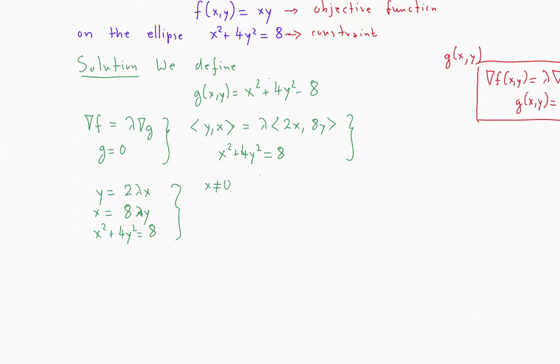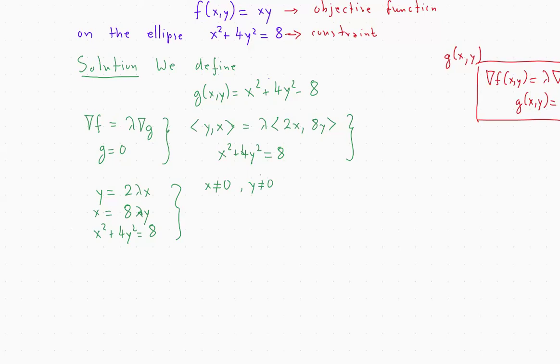And then if you have both x and y being equal to 0, they would never satisfy the constraint equation. For the same reason, y cannot be 0, because the second equation would imply that x is 0. And so the constraint would not be satisfied. And finally, if lambda was 0, then by the first two equations, both y and x would be 0. Again, not a possibility.